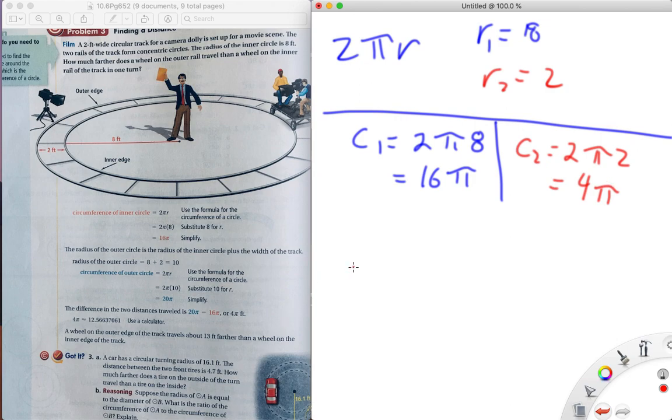The way the book did it was they added them together and subtracted the 16 pi to get to 4 pi. Or you could have just done the outer track, which was 4 pi. So the answer is 4 pi. They want you to convert it into feet without the pi. You just multiply 4 times pi, and that gets you 12.6 feet.